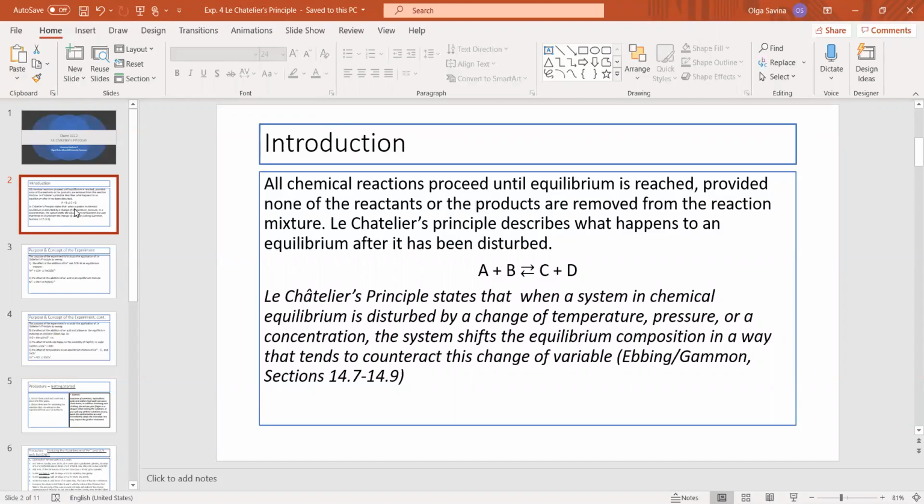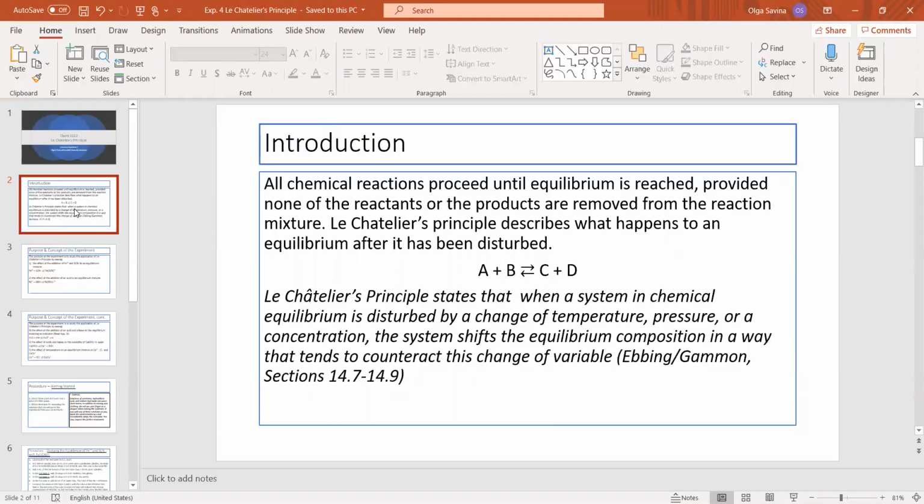Very often in chemical synthesis, we are interested in producing some chemicals, and we perform a lot of reactions, and many of them are reversible reactions, and we are interested in obtaining the product. So how can we shift the equilibrium towards the product? This is the question.